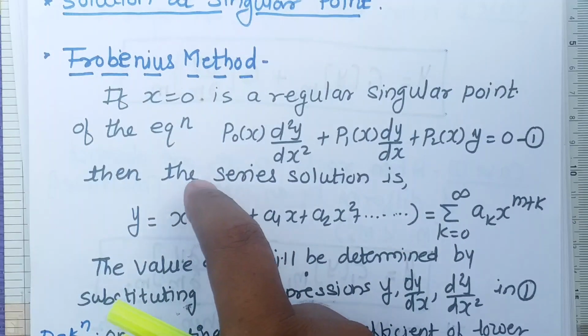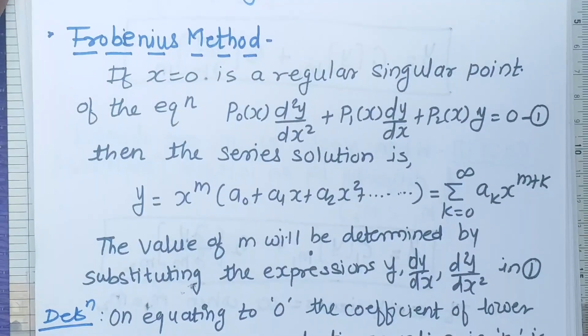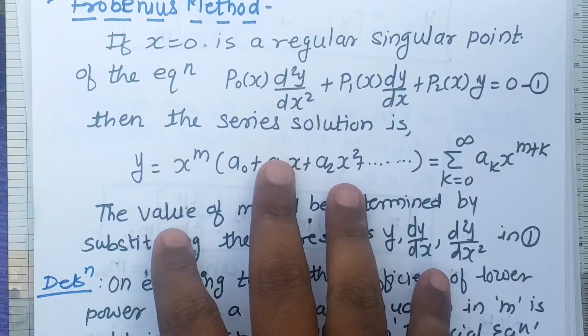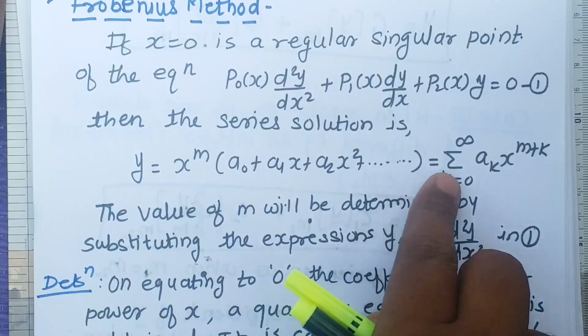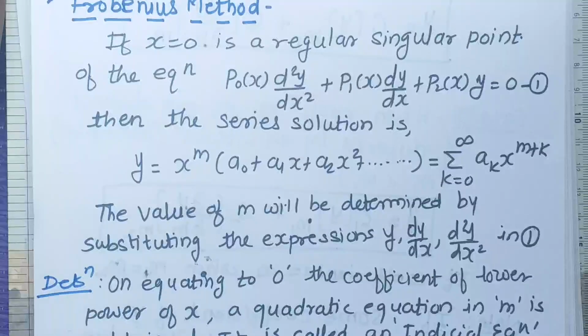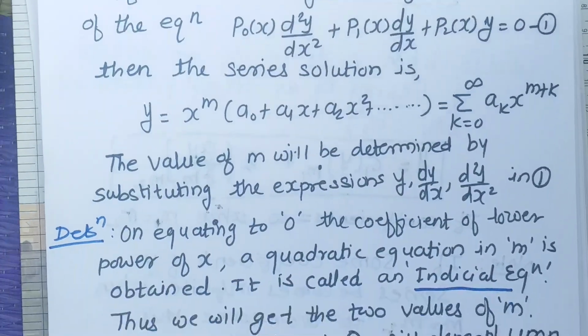These powers of m we need to calculate. For that we determine the two derivatives and put them, along with the original y, in this equation. After that, how to do the calculation for m, we are going to discuss.